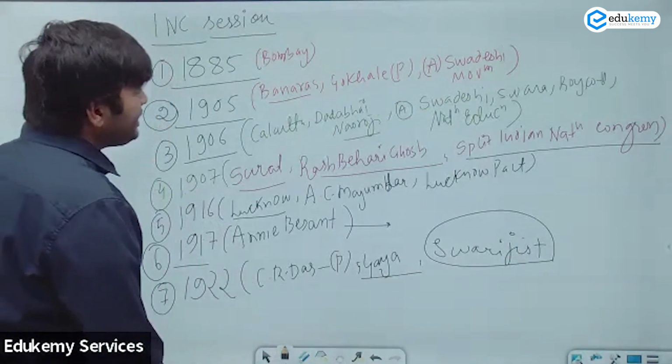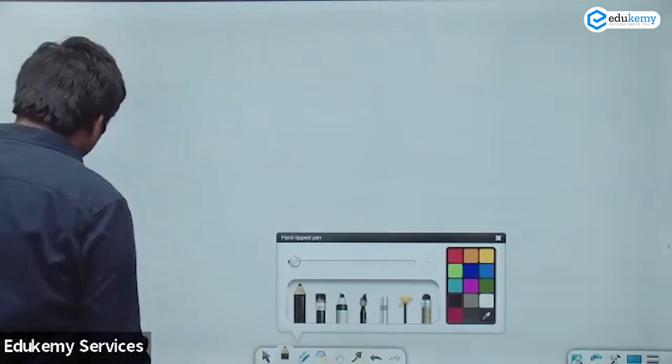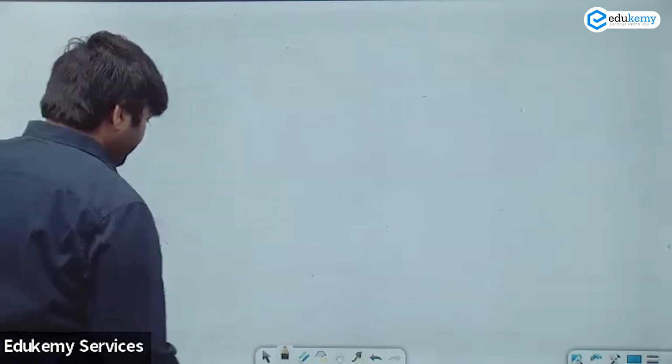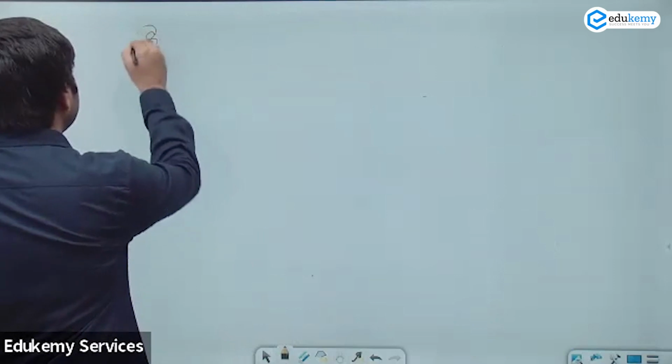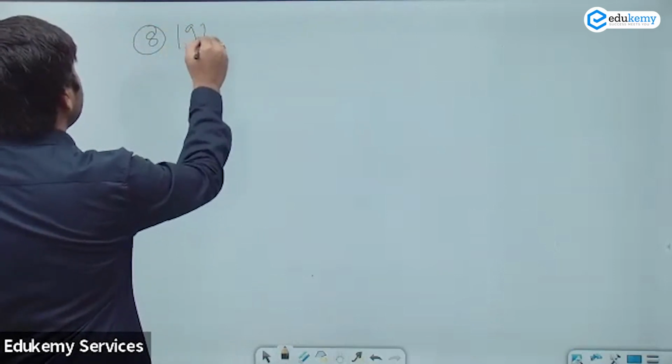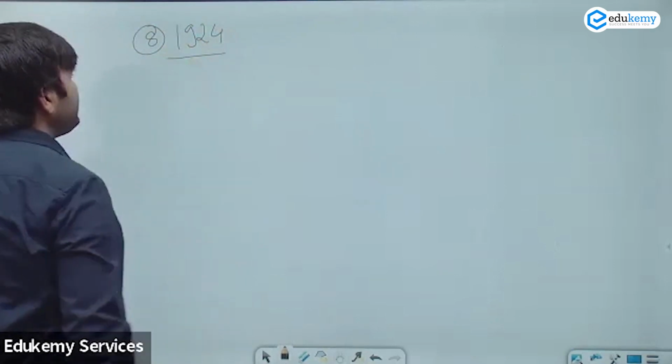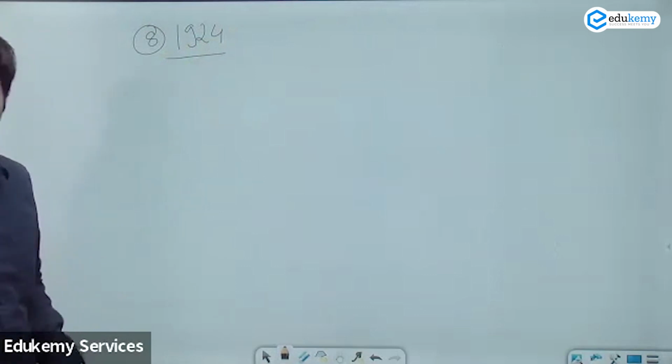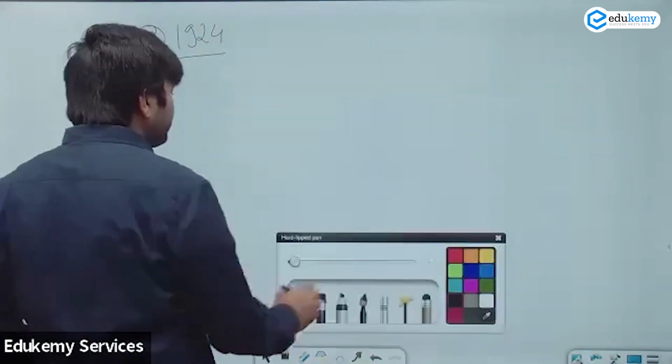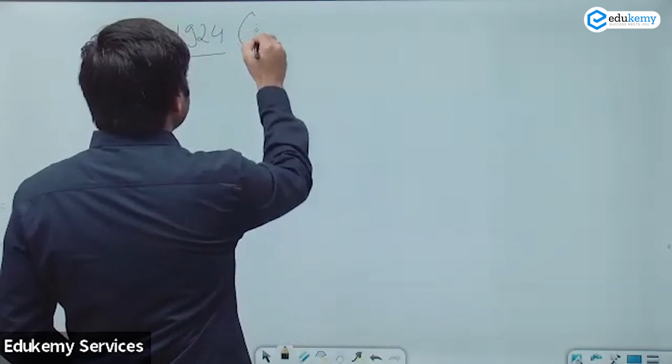After this, 1922 के बाद, how many happened? 7. It's 1924, where Gandhi for the first time is the president of the Indian National Congress, Belgaum session.